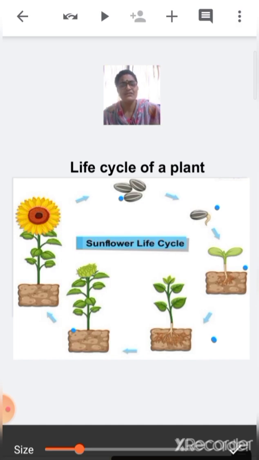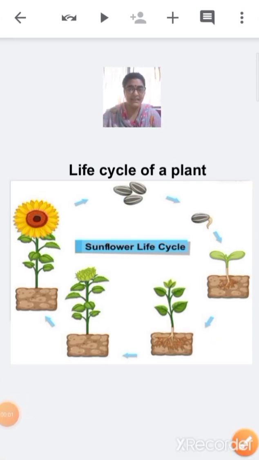Then when it is fully grown up, it starts giving flowers. Then again when the seeds of the sunflower are put in the soil, they again start growing into a plant. Okay, children, so this is the life cycle of a plant.